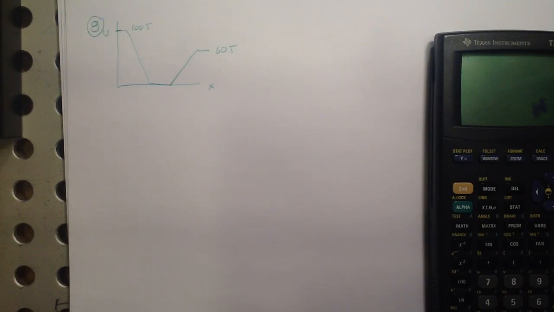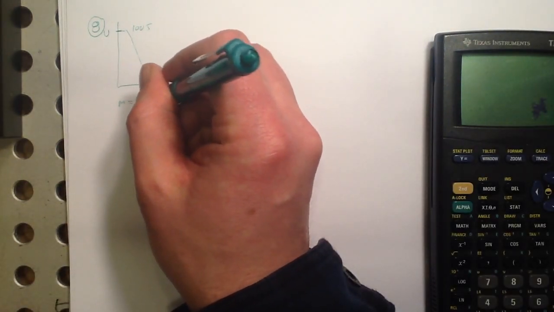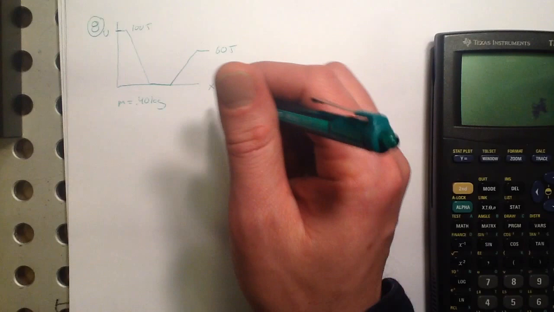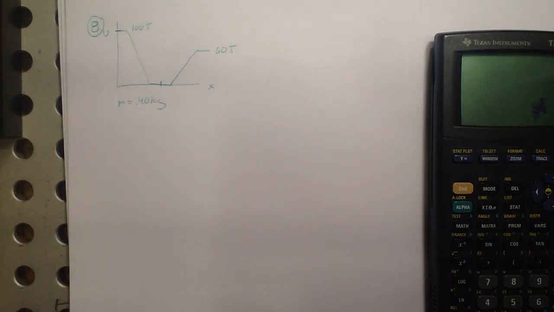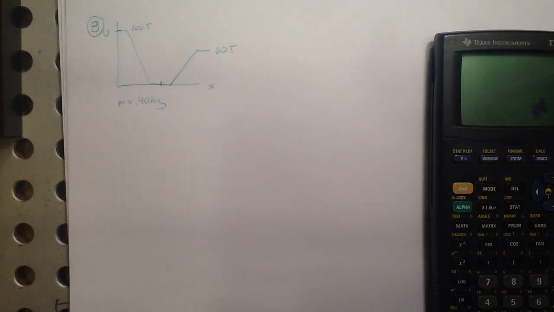It rolls smoothly, no slipping. It has a mass of 0.4 kilograms. And it's released at 7 meters, which is down here at the bottom, headed in the negative direction. It's going that way, with a mechanical energy of 75 joules.